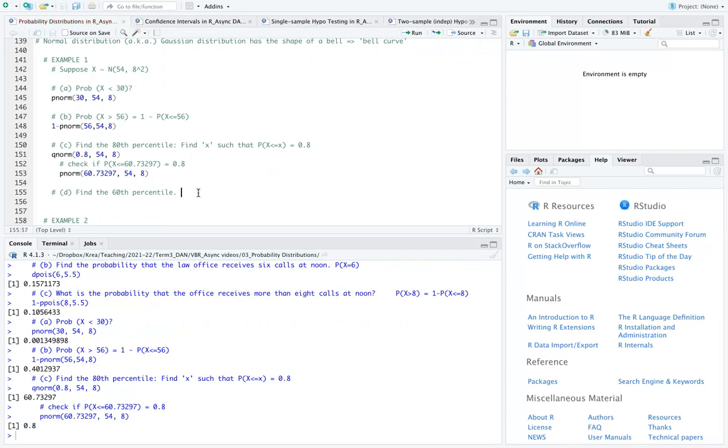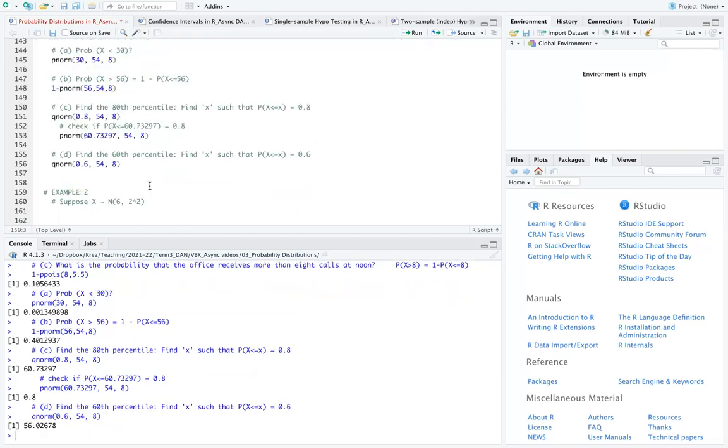Next one, find the 60th percentile. I'm just going to copy this. Instead of the 80th percentile, we want the 60th percentile, meaning 60% of the area lies below this point of interest. So here we'll just do Q norm, 0.6, 54 and 8. The answer is 56.02678.